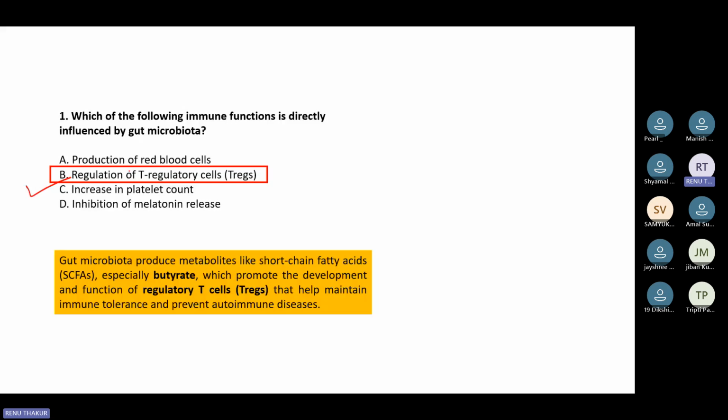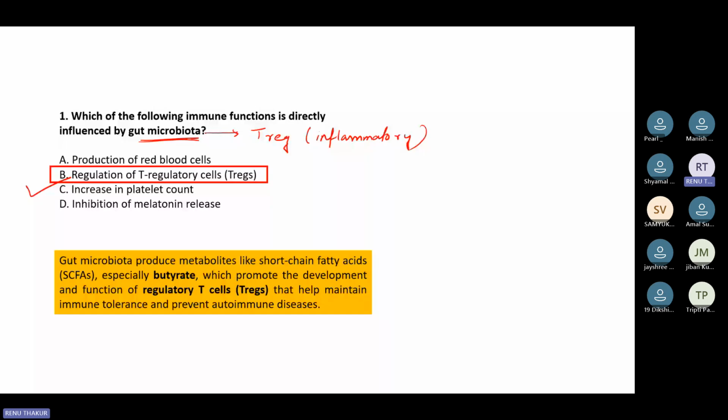We have studied yesterday that the gut microbiota plays a vital role in the stimulation of T regulatory cells, which are involved in different inflammatory responses. If our body encounters any kind of foreign material, be it a pathogen or any other thing, our body starts producing or stimulating the T regulatory cell.